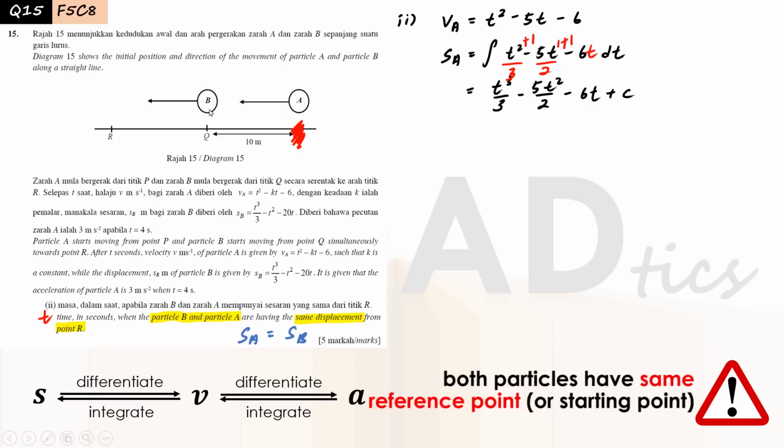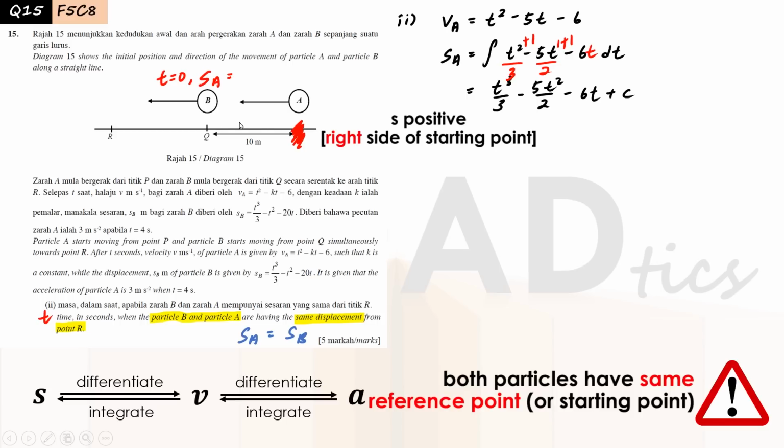Okay, so to do so, we can look at the start of the experiment, meaning when t equals 0, we can see the location of particle A from Q. Right, so based on Q, we can see that this particle A is to the right of Q. So for the displacement of A, it will be a positive value.